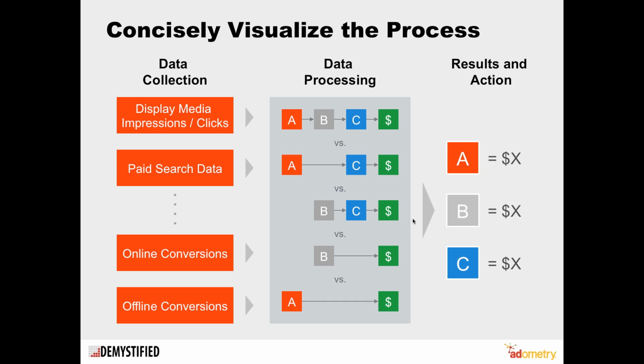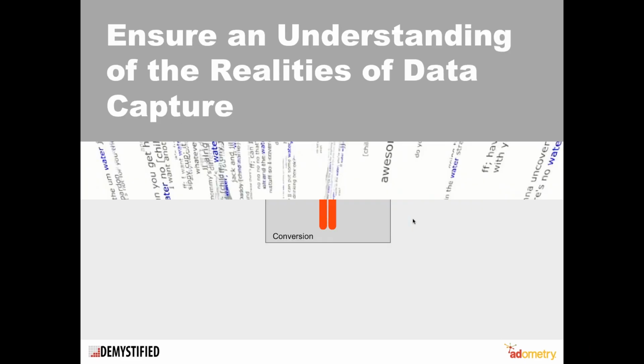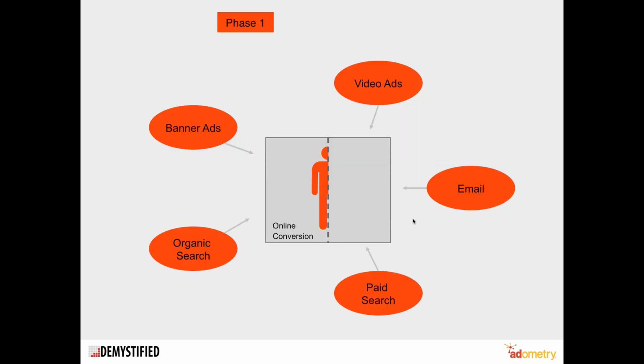So related to that is ensuring an understanding of the realities of the data capture. There is a lot of data out there. Everybody knows that there is a ton of data, but it's not really okay to just say, this program is going to make sense of all that data, because it's not going to make sense of all of the data on day one.